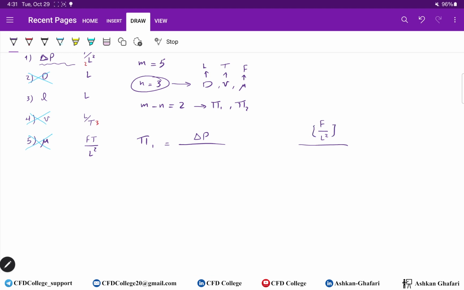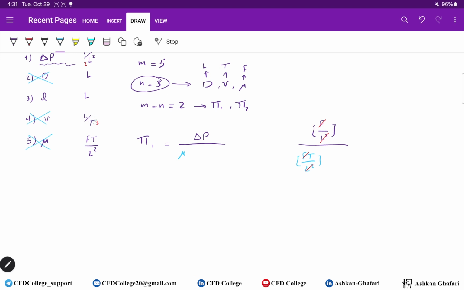So first we need to deal with F, so we should put mu here, F T over L square. So now F is gone and also this L square. But we have T here. We should cancel this, and you know that we need to use velocity.